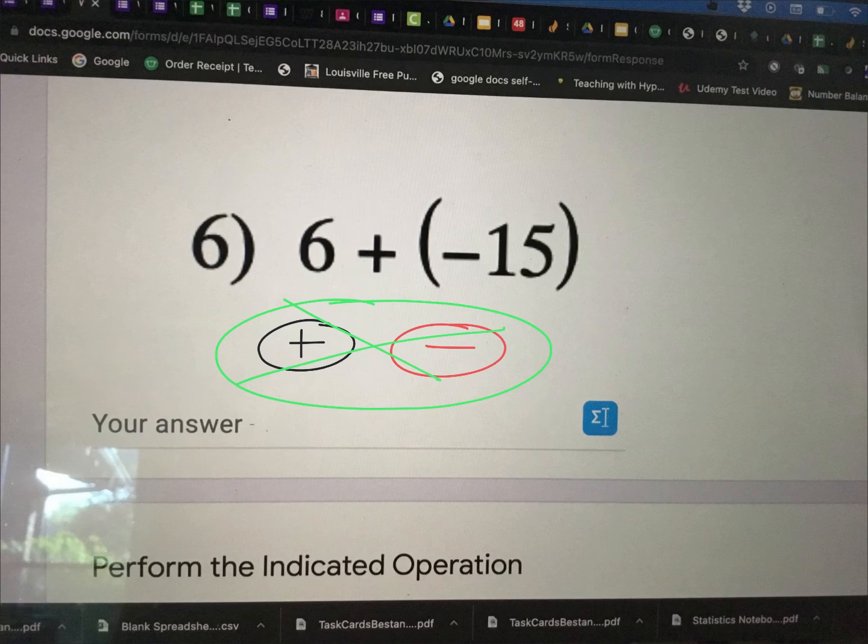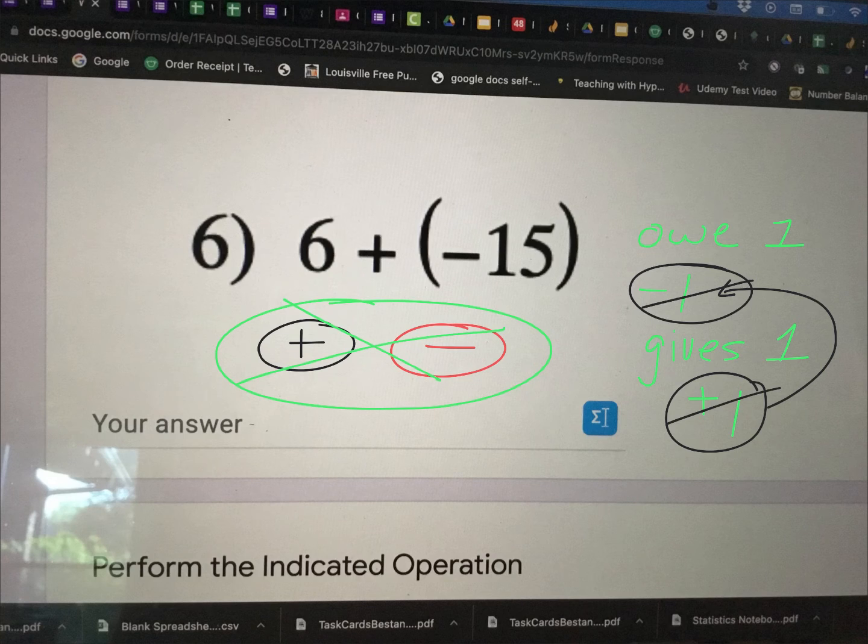A good way to think about that is if you owe somebody $1, so that would be -1, right? But then somebody gives you $1, so that would be +1. If you do the right thing, you should take that dollar and pay that person back, right? So that ends up just canceling each other out.